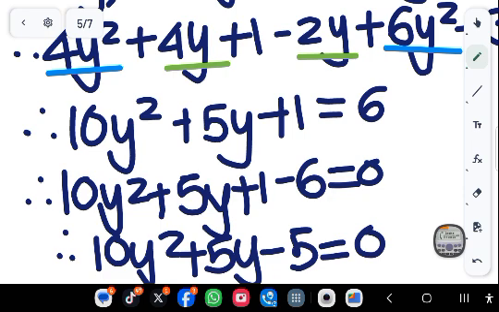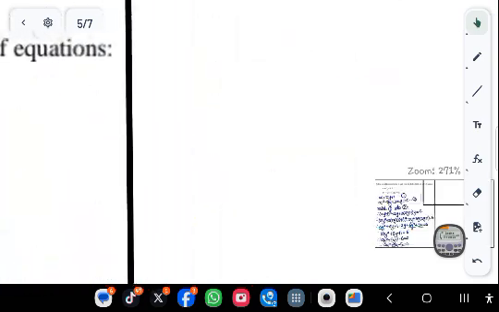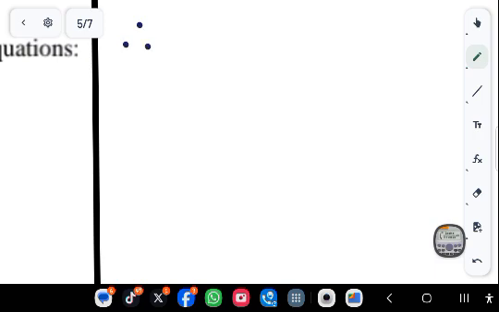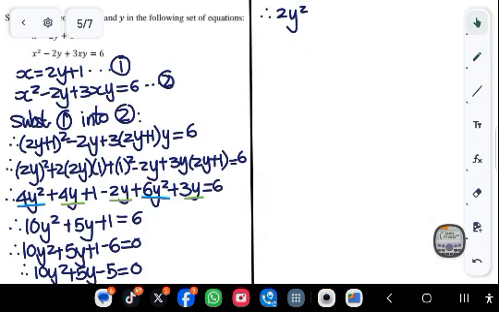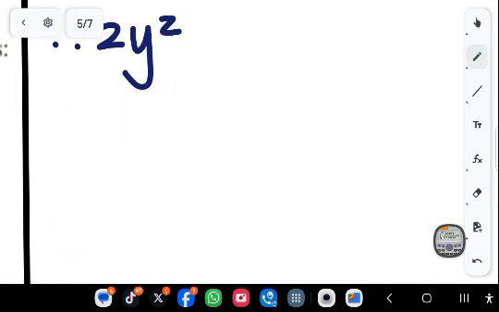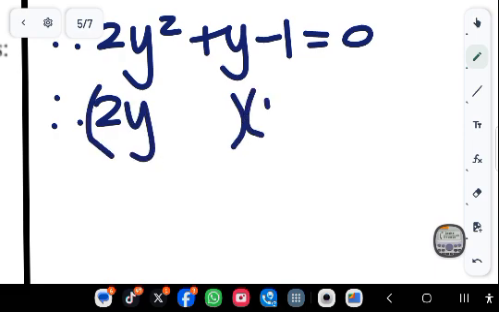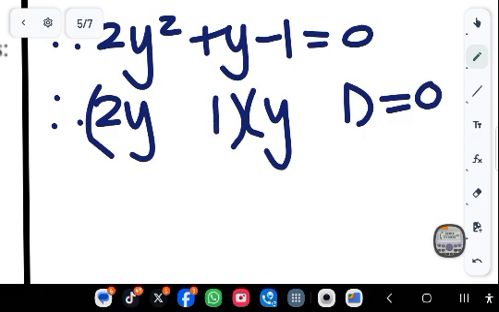Okay, divide all throughout by 5 to simplify. Therefore 2y squared plus y minus 1 equals 0. Factorize: 2y and y, 1 and 1.